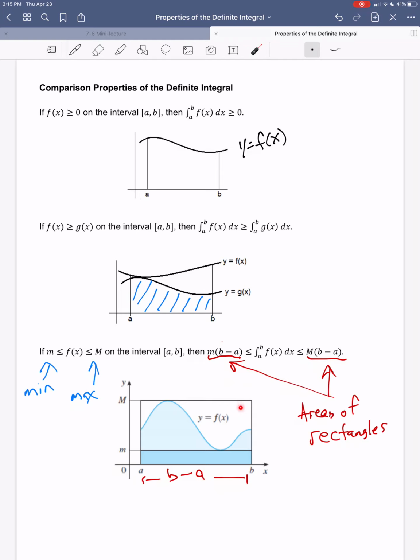Capital M times b minus a would be the area of the big rectangle. And the area under the curve has to be between those two values. It can't be less than this blue area, right? There's function above this line. So the total area under the curve has to be bigger than this little area, but it has to be less than the bigger area. And so we get that result. And these properties of integrals are going to turn out to be important as we do more advanced problems in calculus.